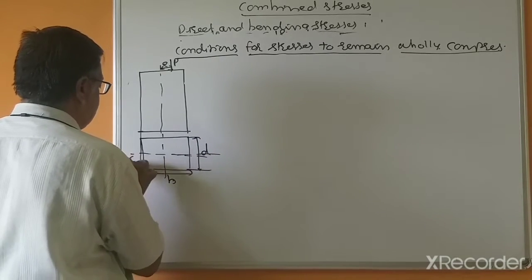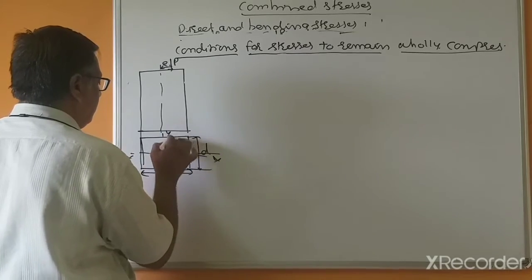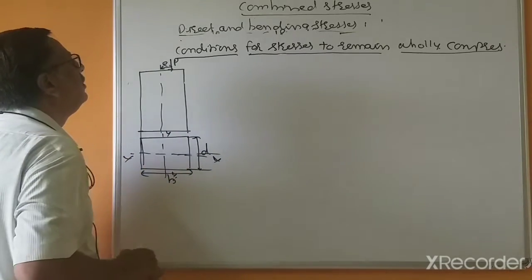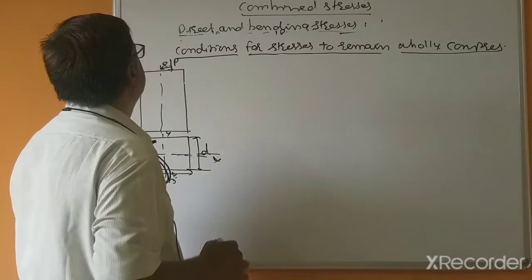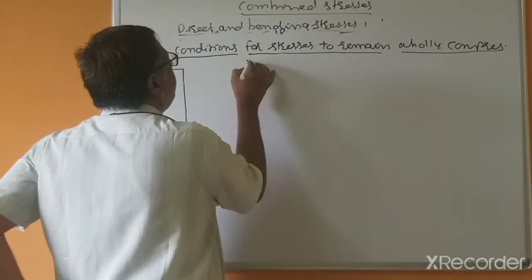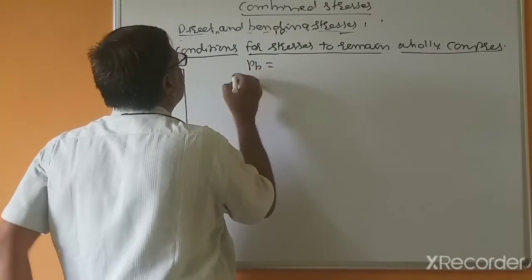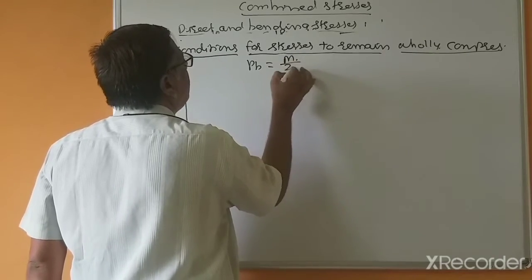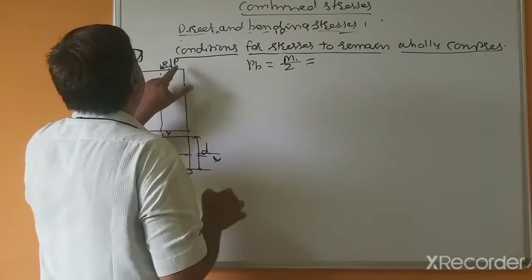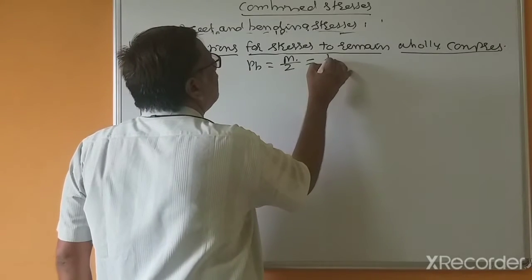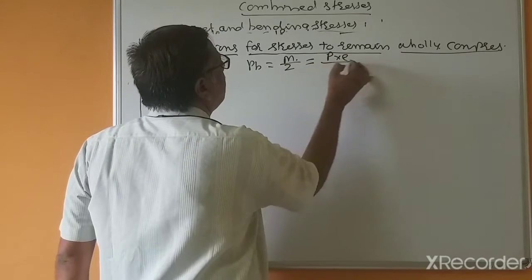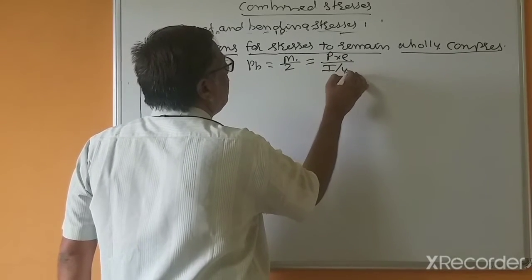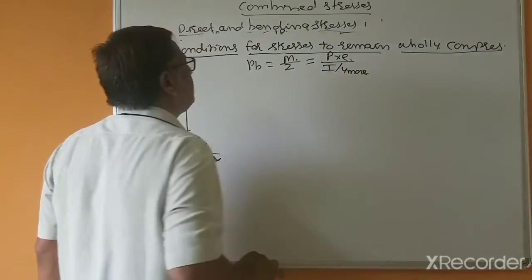This is x-x axis and this is y-y axis. Now in this case PB equal to M divided by Z. So moment equal to P multiplied by E, P multiplied by E divided by I divided by Y max.